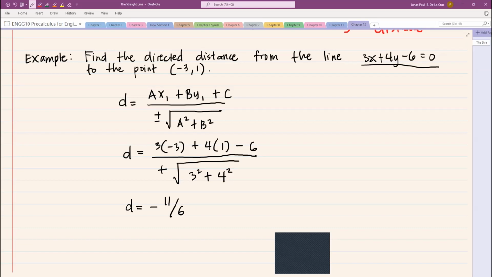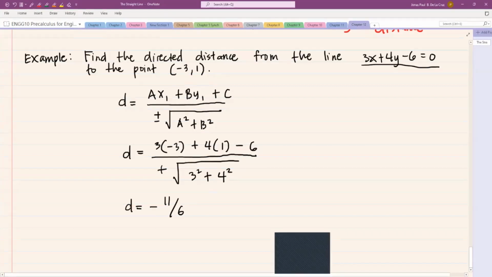Yes, sir. Okay. Mali yung libro nga ron. Kaya nga nagtaka din ako. Bakit 6? Ayan.